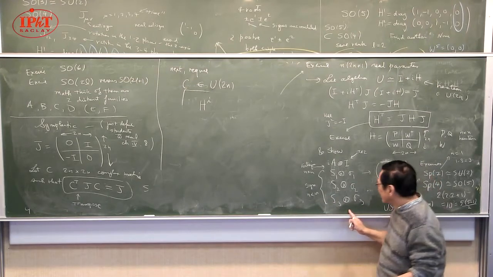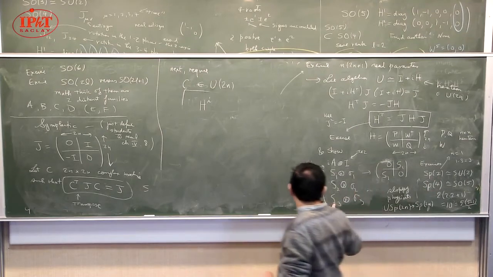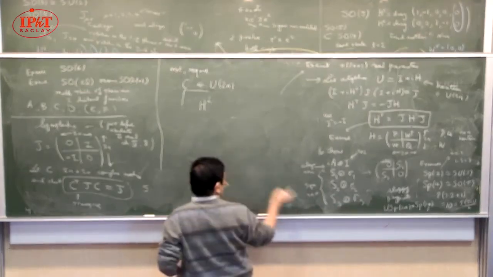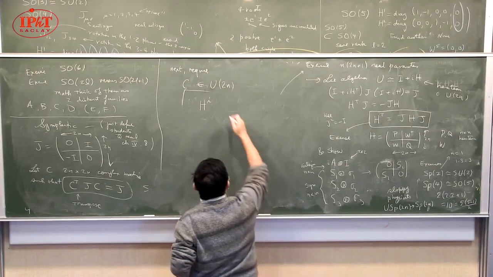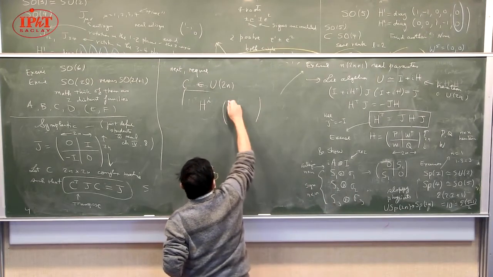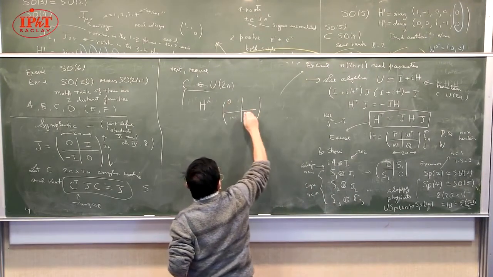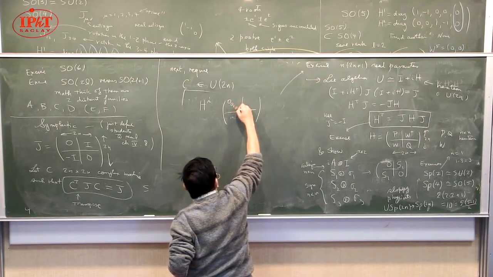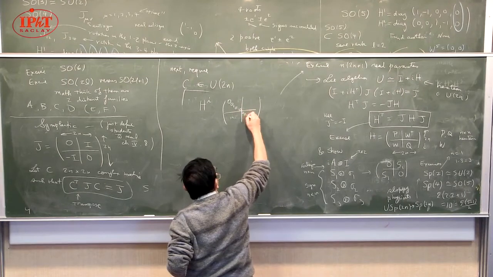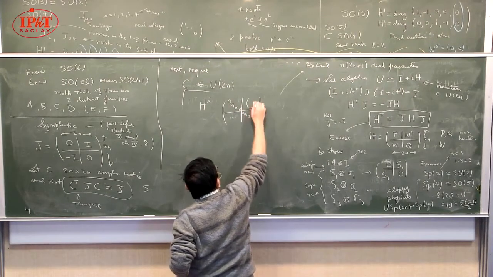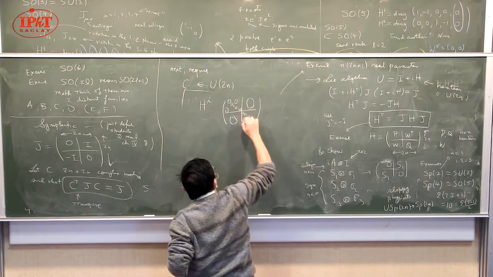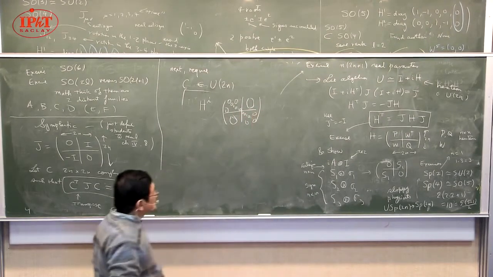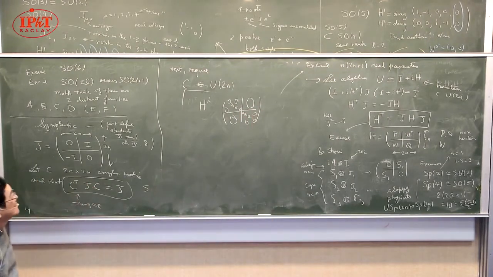Because the H_i are just these matrices, in which the sigma_3 is diagonal. So it's like this, in which you have 0, 0 and then a 1, and then 0, 0, 0, 1, 0, 0. This is all 0, 0, 0, 0, 0. Okay. So I don't know what we would do if the Indians never invented 0.